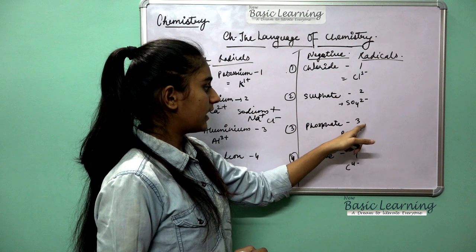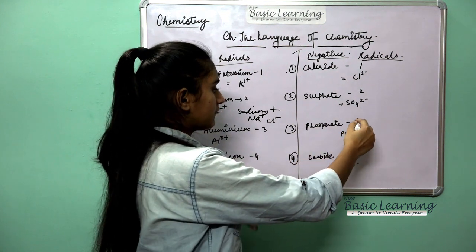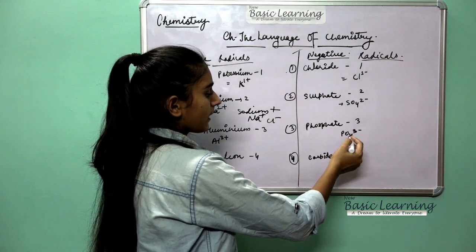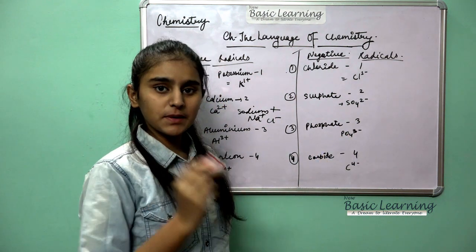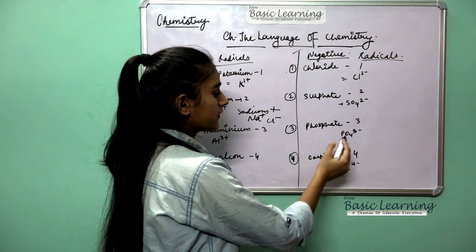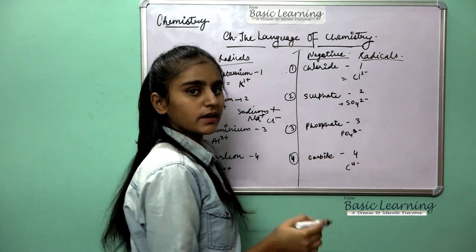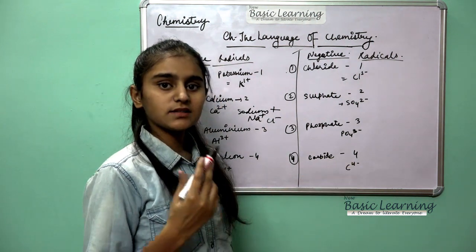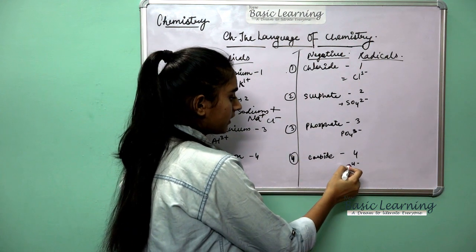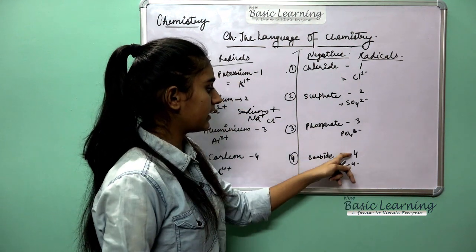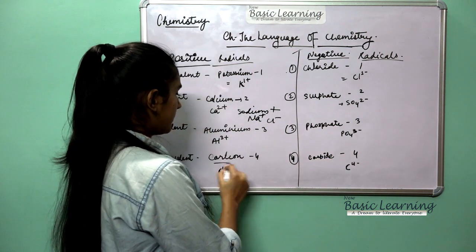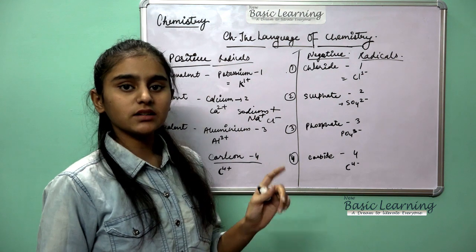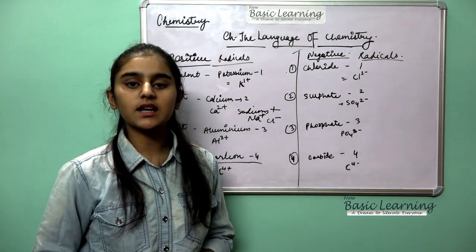Phosphate, from phosphorus: the valency for phosphorus is 3, and for phosphate, PO4 3 negative. Then carbide, from carbon, whose valency is 4, so C4 negative. I hope this chart of positive radicals and negative radicals is clear to you.